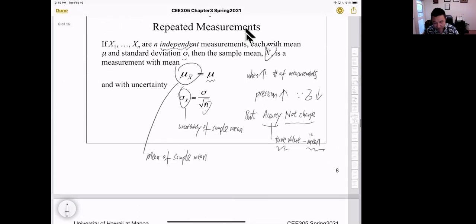Again, when we increase the number of measurements, the precision will increase because the sigma becomes smaller due to this equation. But the accuracy will not change.